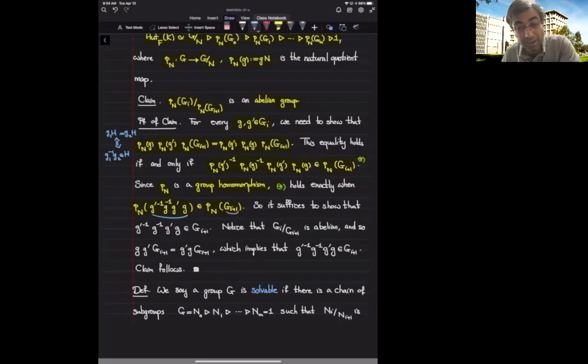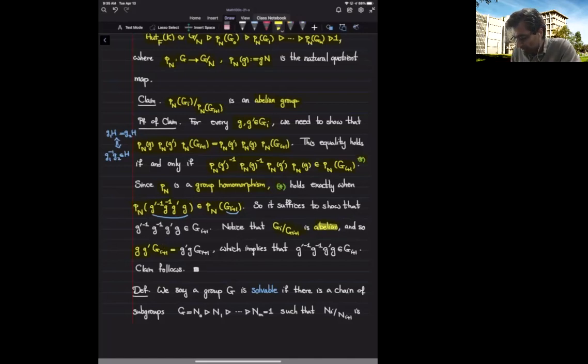But what is my hypothesis? I do know that G sub i over G sub i plus 1 is an abelian group. So I can repeat this argument, this time using cosets represented by G and G prime modded by G sub i plus 1.